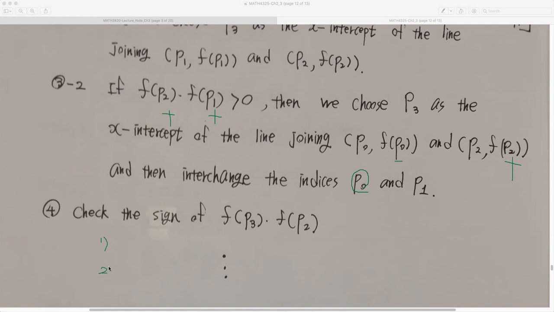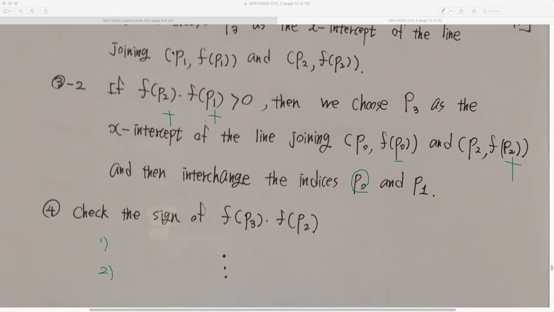Second case: if f of P3 times f of P2 is greater than 0, then we're going to find the secant line passing through P1 comma f of P1 and P3 comma f of P3. Okay, that's going to be P4.